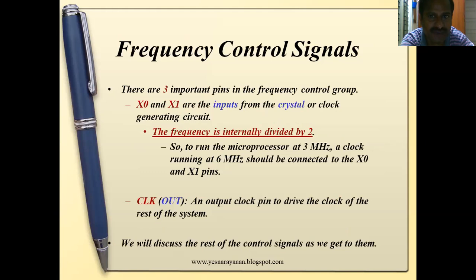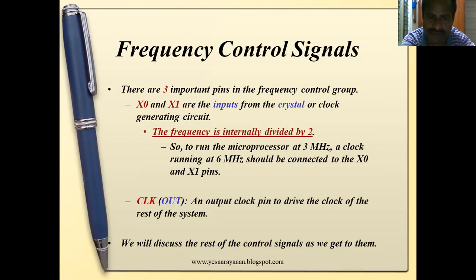Frequency and control signals. There are 3 important pins in the frequency control group. X0, X1 are the inputs from the crystal or clock generating circuit. The frequency is internally divided by 2.